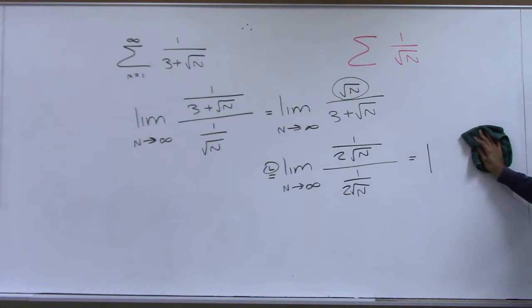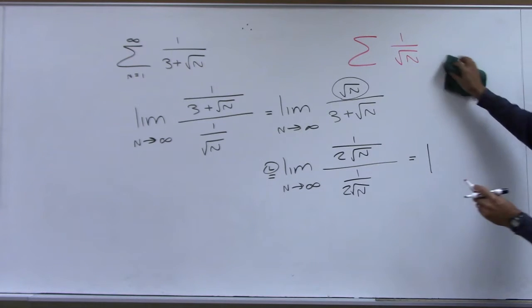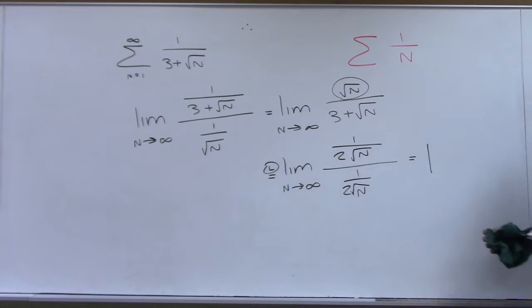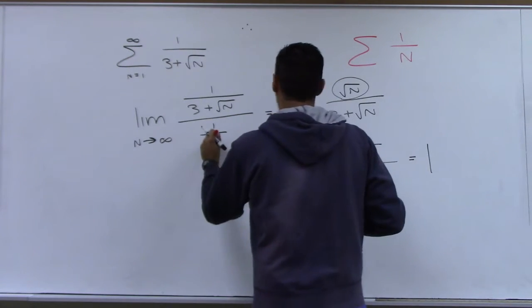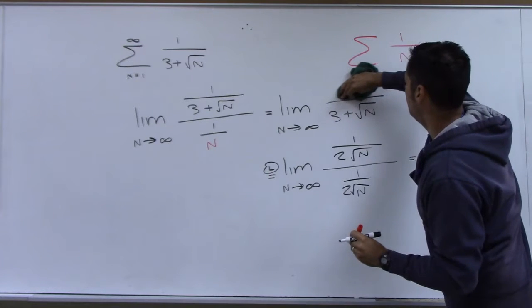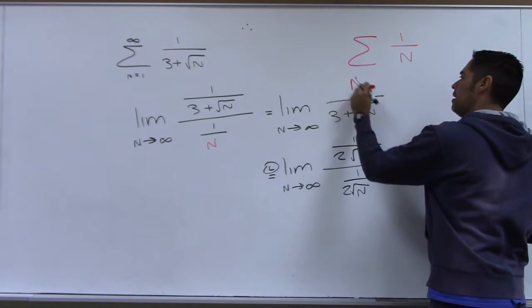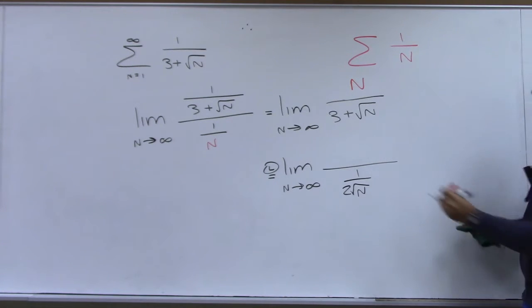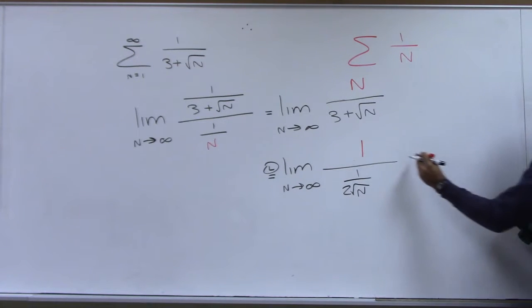I wonder if this would have worked if we had tried the limit comparison on 1 over n. What would have changed? This would have changed to n. And then this would have changed to, ooh, this is good. Watch this. n. And then the derivative of the top would have been 1. And then when you flip that around, look what happens.